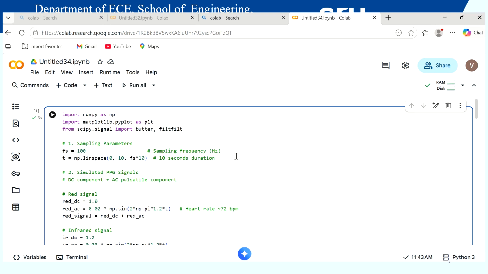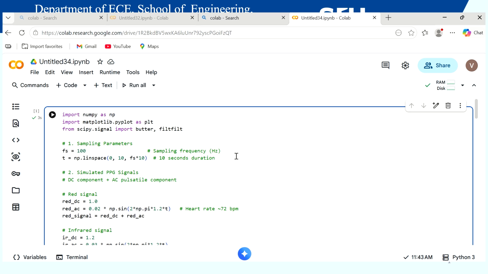First, import numpy as np. This experiment simulates the red and infrared PPG signals, adds noise, filters the signals, calculates AC and DC components, computes the ratio of ratios R, and then estimates SpO2 using a calibration equation.